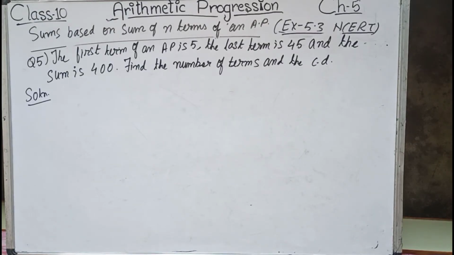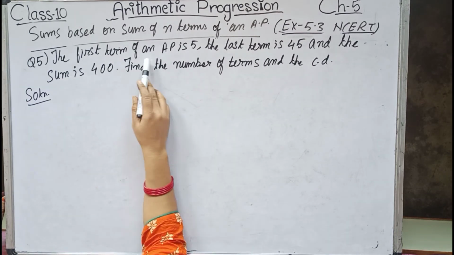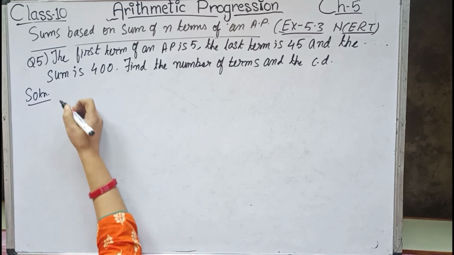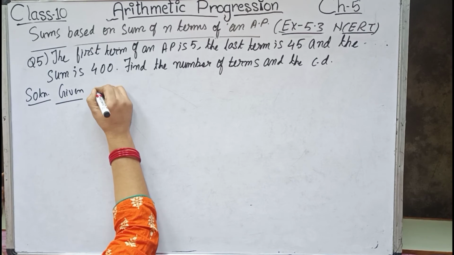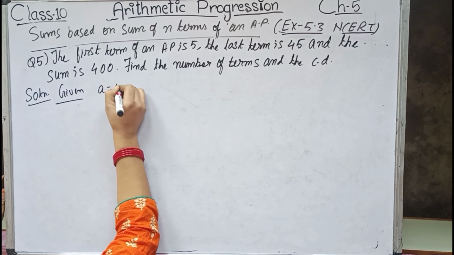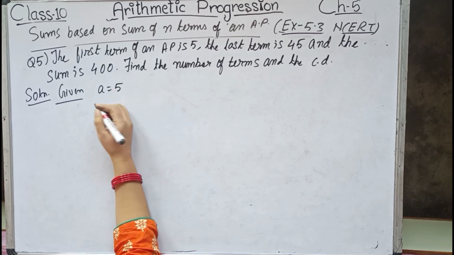Let us move to the next sum, that is question number 5. The first term of an AP is 5, given A equals 5. The last term is 45. You can write AN or TN.